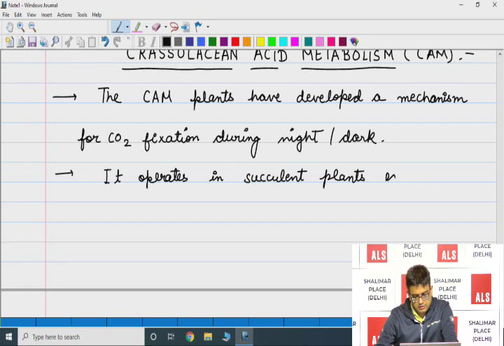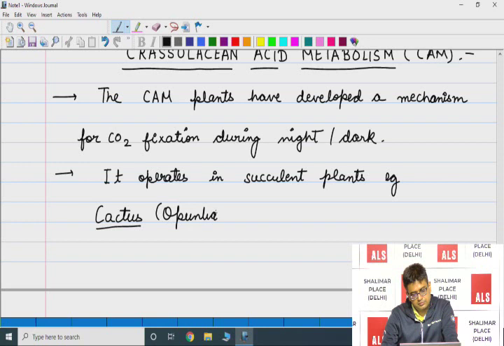Example, let's write a few examples. Cactus or Opuntia, same thing.